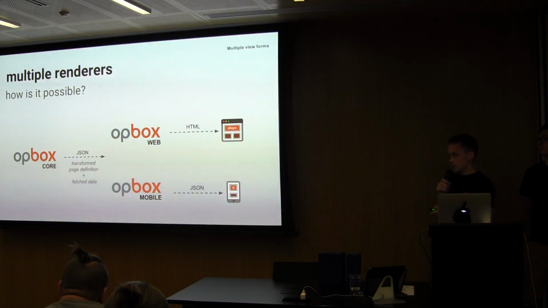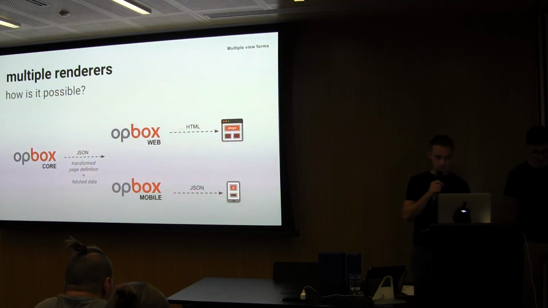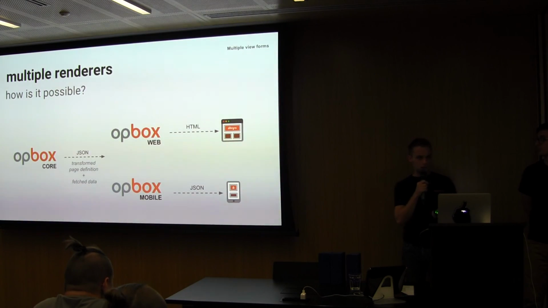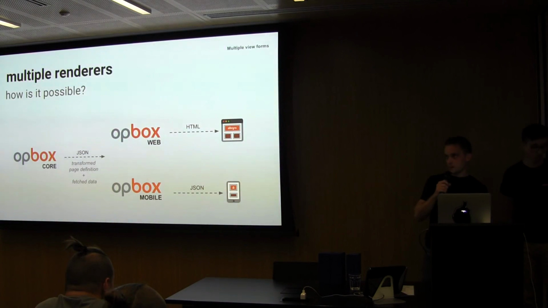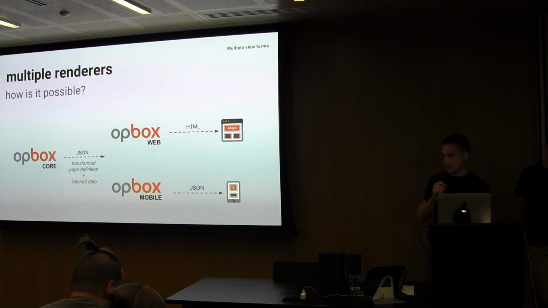Internally, opbox is divided into a frontend, a backend, and frontends. The frontend backend service, opbox core, does the hard work of contacting the data sources, fetching the data, and resolving all the conditions to produce the final page structure based on data and these conditions.